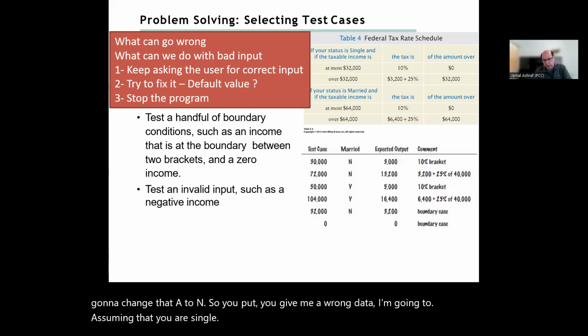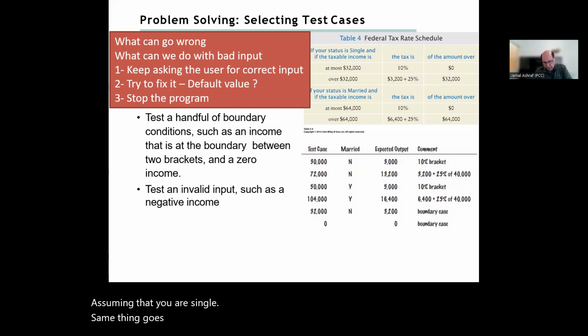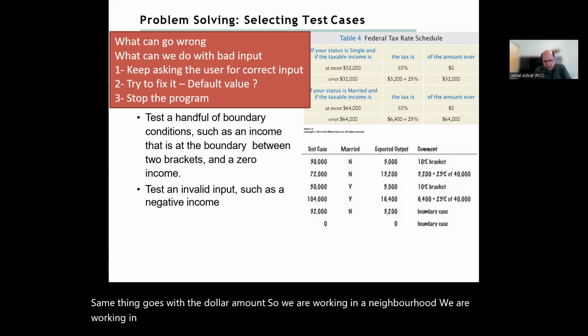Same thing goes with the dollar amount. So we are working in a neighborhood, we are working in an office, we're doing this program for certain types of people, and we have the average salary that is, let's say, $70,000.